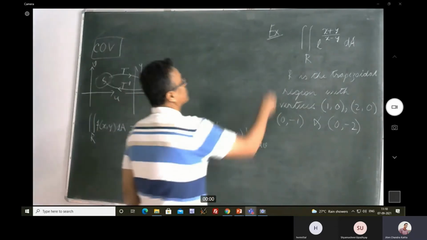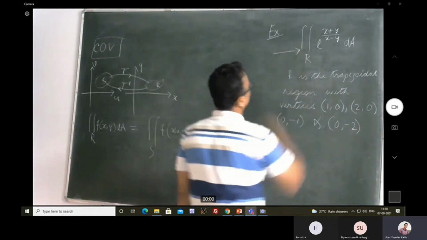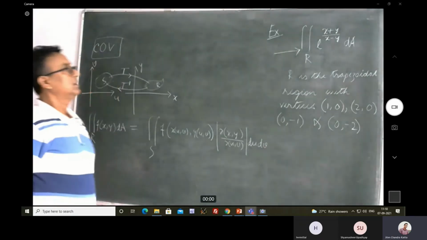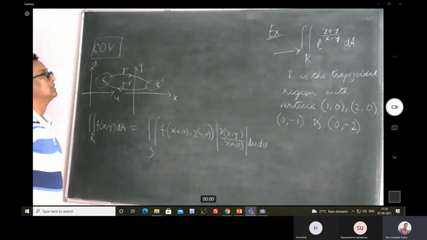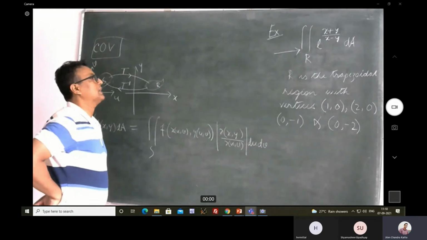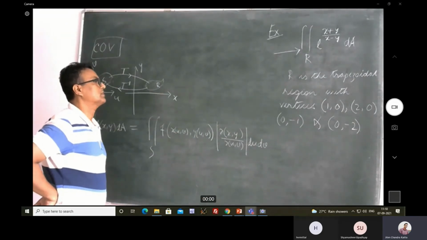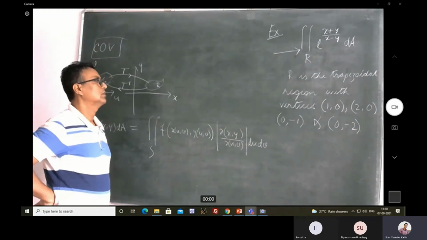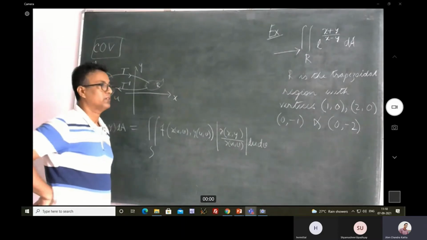Now I have already noted down one exercise here. You have to evaluate this integral, and you can see that the variables are x and y, where R is the trapezoidal region with vertices (1, 0), (2, 0), (0, -1), and (0, -2).